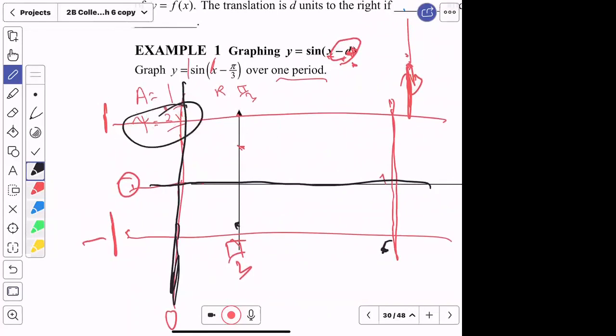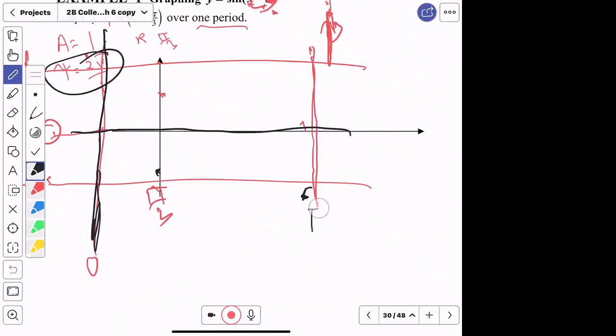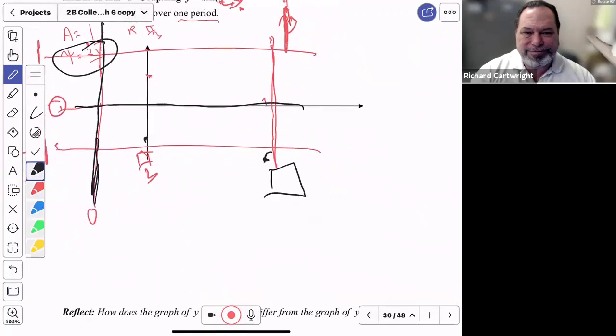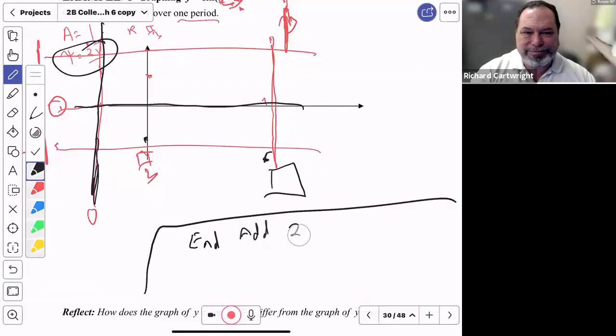2 pi. So how do I get where it ends? On your paper, you need to have a spot where you're doing all your scratch work, okay? And to find where it ends, I'm going to add the 2 endpoints. I can't. That's silly. I misquote.